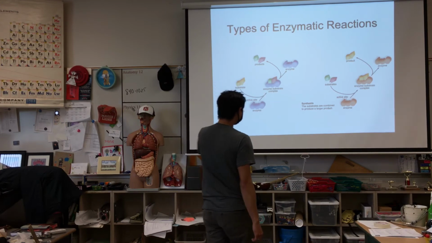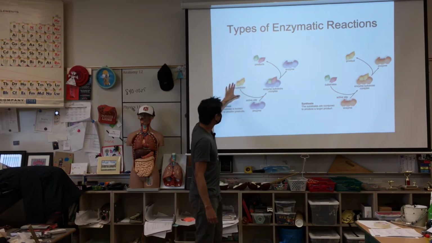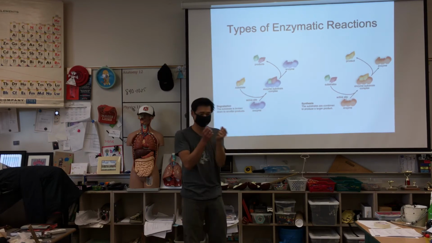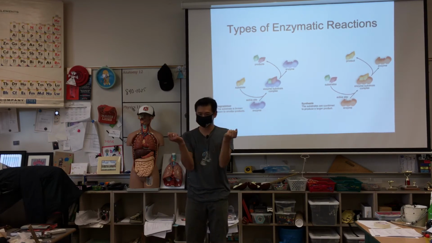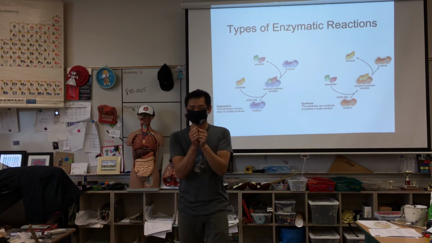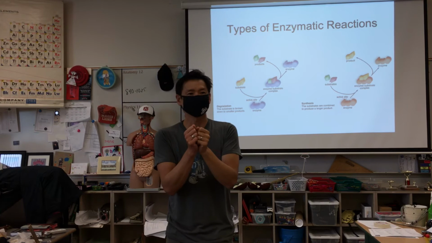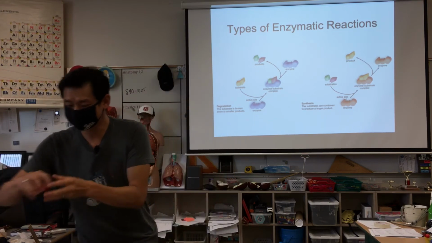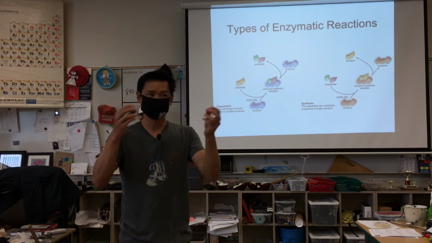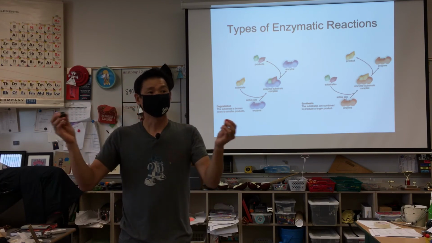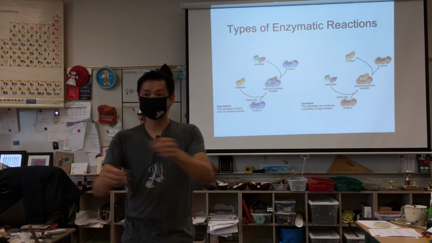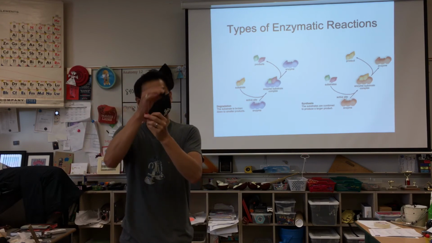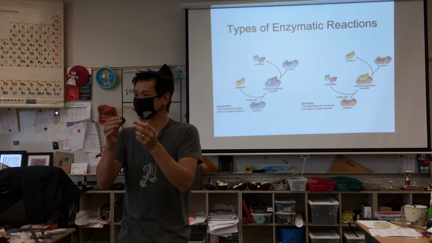So here's your enzyme. Enzymes work by taking substrates and holding them in a perfect alignment so that they can be broken or joined together. By holding them in perfect orientation, they require less energy, okay? If you had these two guys wanting to join together and they're just randomly running around, they can fly by each other and miss each other, or they can just glance off of each other at an angle.